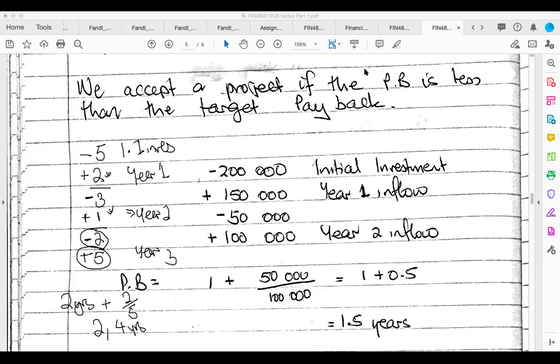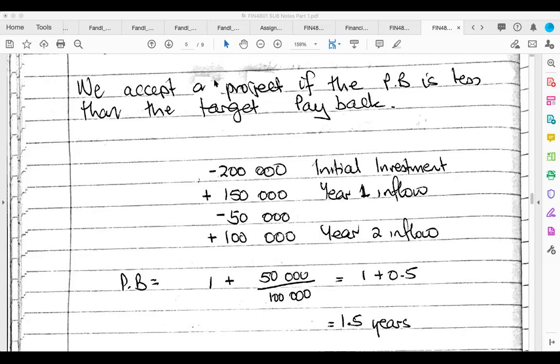And sometimes you can have uniform cash flows. If you have uniform cash flows, you just use the same approach. There is another approach of just dividing. Let's say we had uniform cash flows where our initial investment was 200,000, which is the money going out.